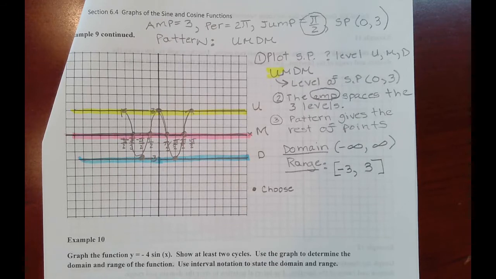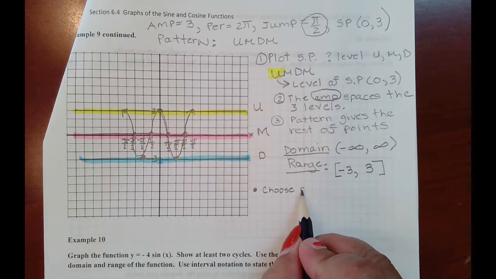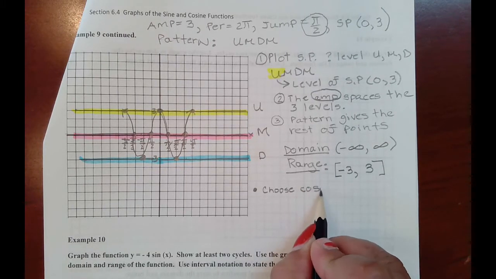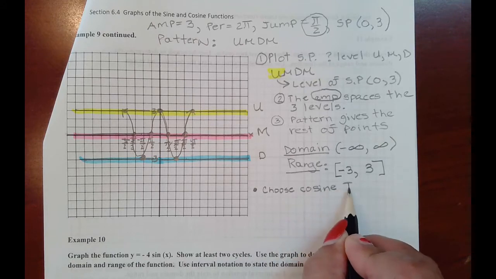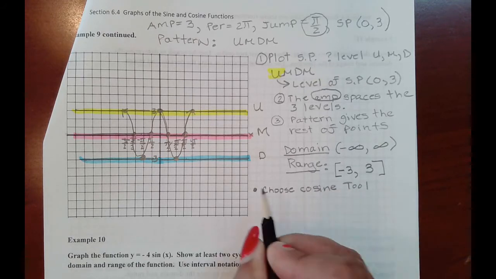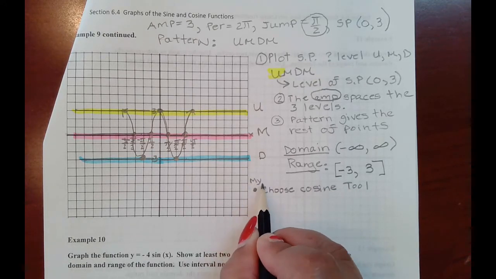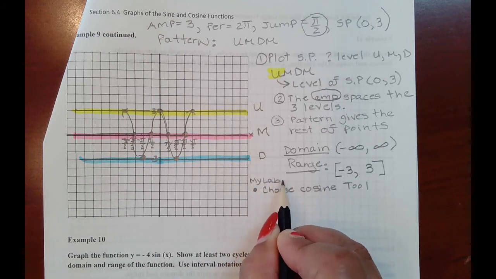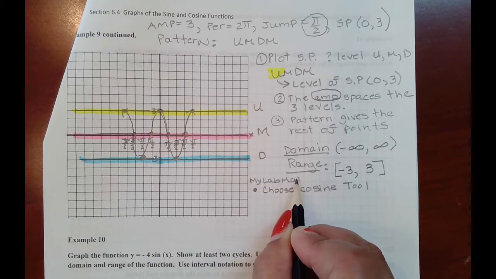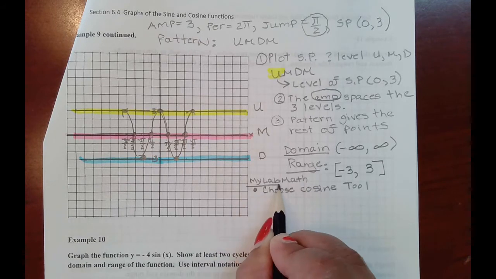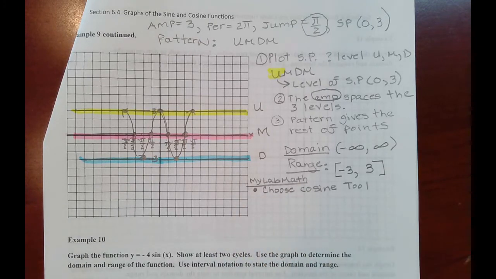So you'll know which one you're picking, even though there's certain things that help you tell that also. But you're going to choose the cosine tool because this was a cosine problem. Okay, and this is when you're in MyLab Math, just to get that graph to come out right. Okay, first you choose the tool.